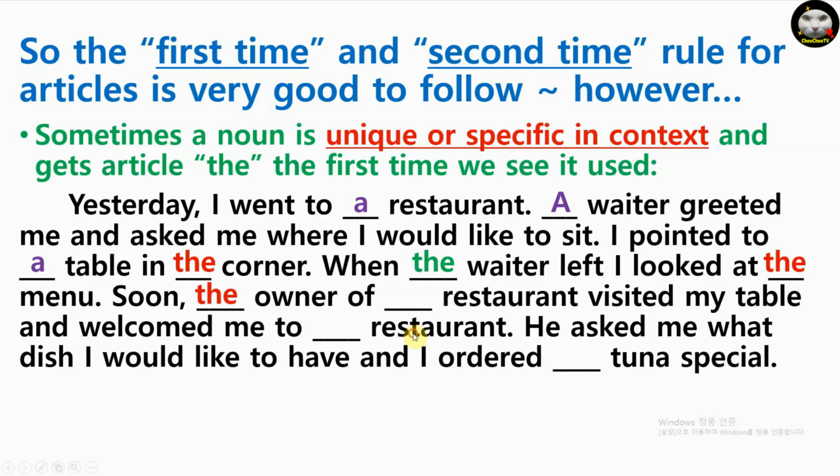The owner of the restaurant, same restaurant, visited my table and welcomed me to the restaurant, same restaurant. He asked me what dish I would like to have, and I ordered the tuna special. It is special, it is unique, and it is specific to that restaurant. So even though we introduce tuna special for the first time, we use article the because it is unique in context.